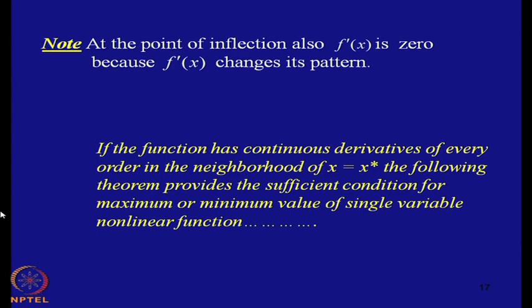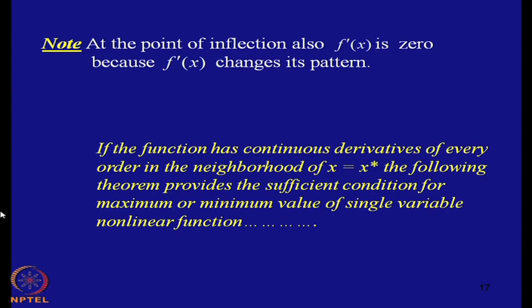But from here there are certain limitations. What are the limitations? The necessary condition does not tell us what will happen if the maxima or the minima point occurs at the end points, or what will happen if there is a kink in between, or at the point of inflection also.